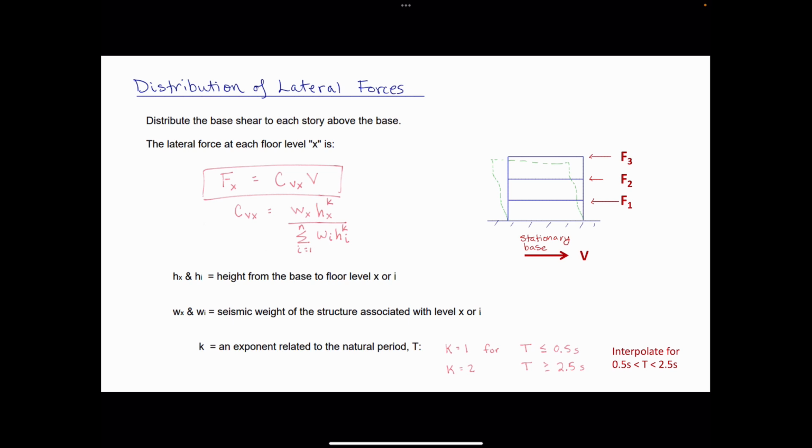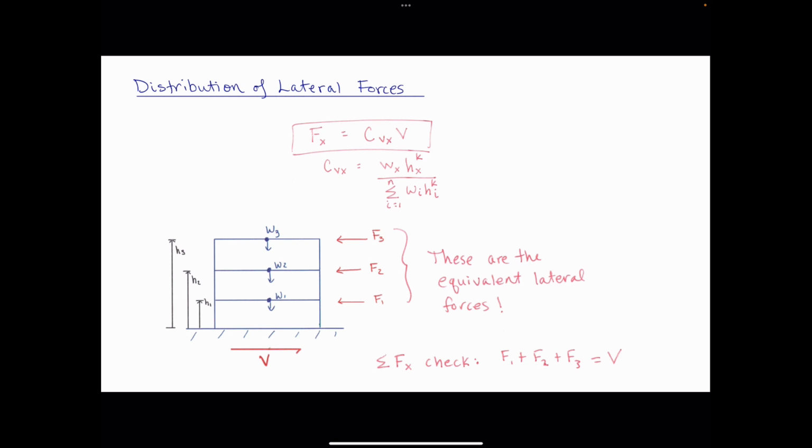So in this class, we'll just probably be dealing with k of 1, so try to keep it simple. All right, so visually, this is kind of what it ends up looking like, right? These are your equivalent lateral forces. If you add them up, it should equal the base shear, right? That's what we're doing. CVx represents a percentage of the base shear applied at each level.